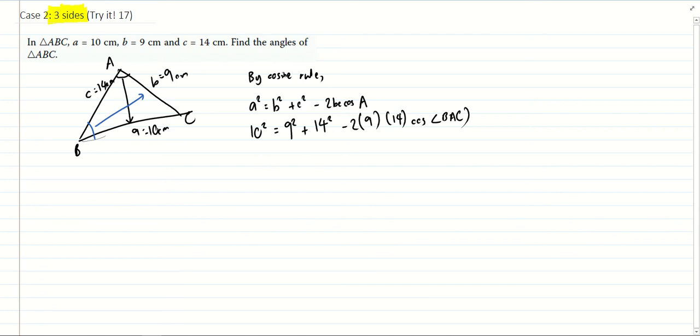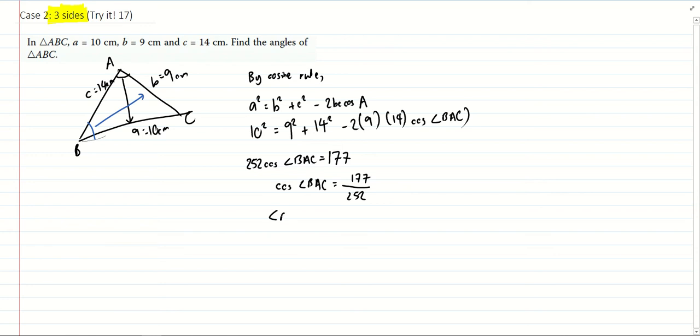Okay, moving everything to the left hand side, 2 times 9 times 14 is simply 252. So I have 252 cosine angle BAC. I have shifted this to the left hand side, and I have 9 square plus 14 square minus 10 square on the right hand side. So 9 square plus 14 square minus 10 square equals 177. So cosine angle BAC is simply 177 over 252.